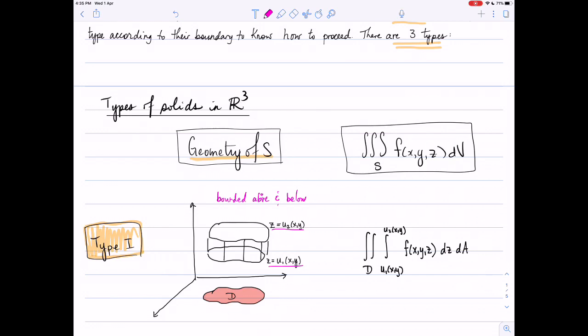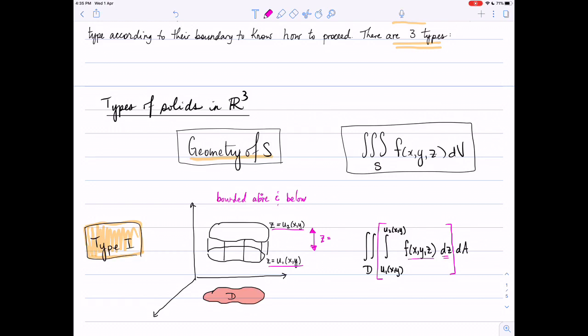And so what we do for a triple integral in that case is we start out by writing a single integral with respect to z, because the boundaries are given as z equals, right? Those are z values above and below. So that's here the triple integral of our function dz.